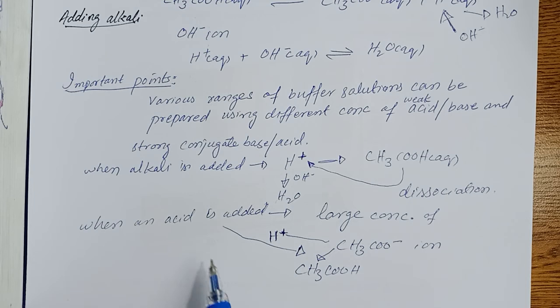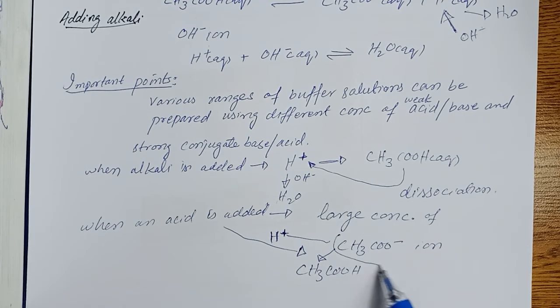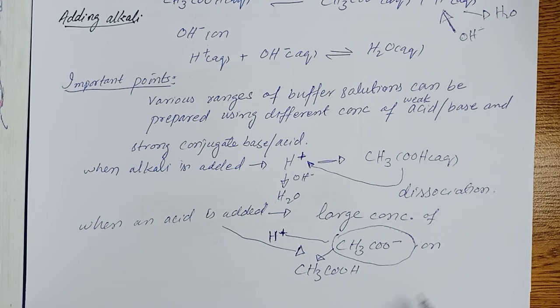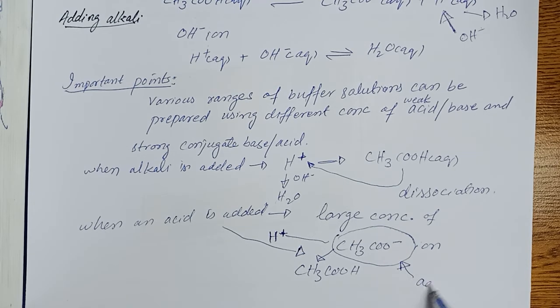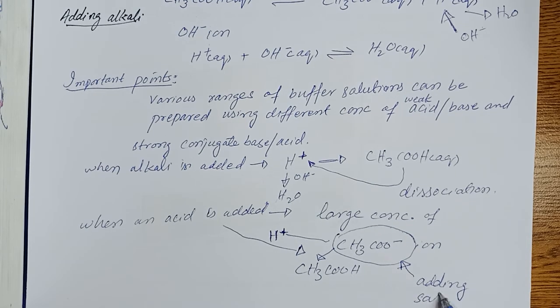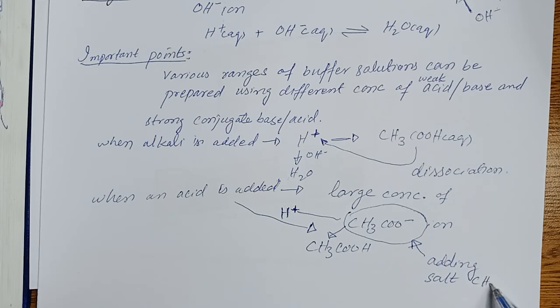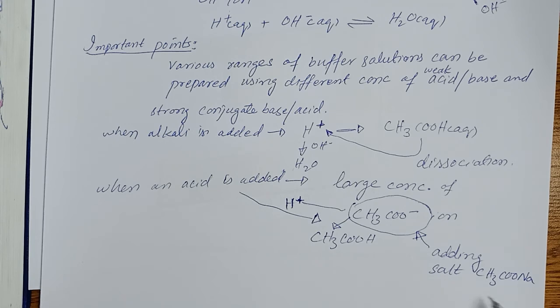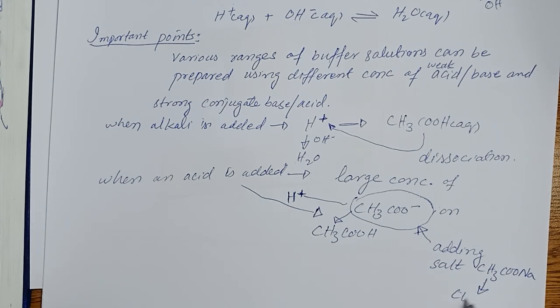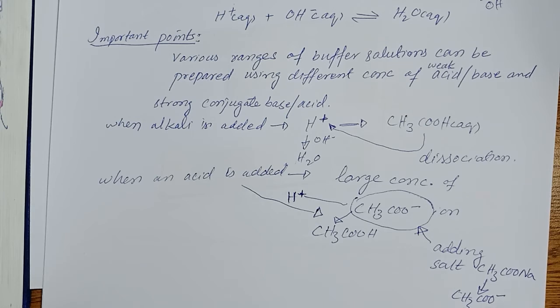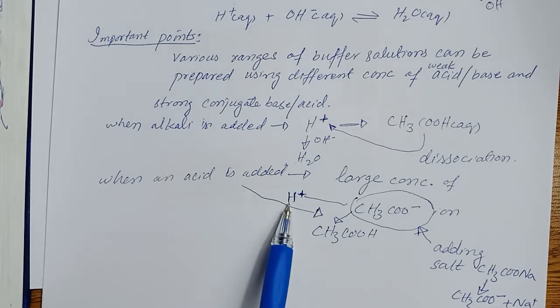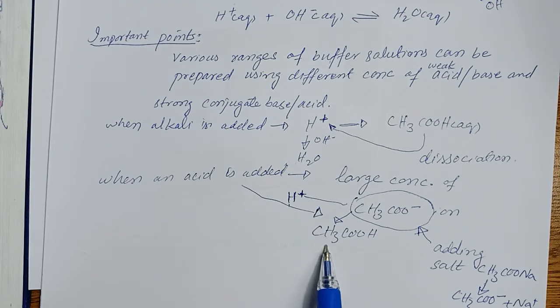So when an acid is added to the buffer solution, we need excess acetate ion that can be provided by adding salt, that is the strong electrolyte which can be dissociated completely to acetate ion, so that enough or excess acetate ions are available to react with hydrogen ion and produce acetic acid.